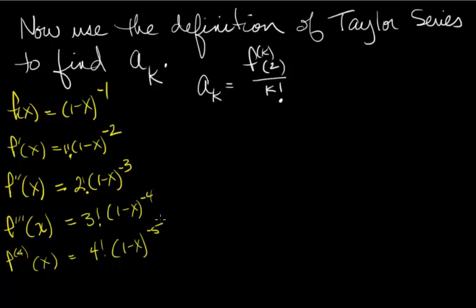Now let's plug in 2 into these. I'll use a different color. So now we want to plug in 2. Well, f of 2 is minus 1. F prime of 2, plugging it into the derivative that we got, we have 1 factorial.